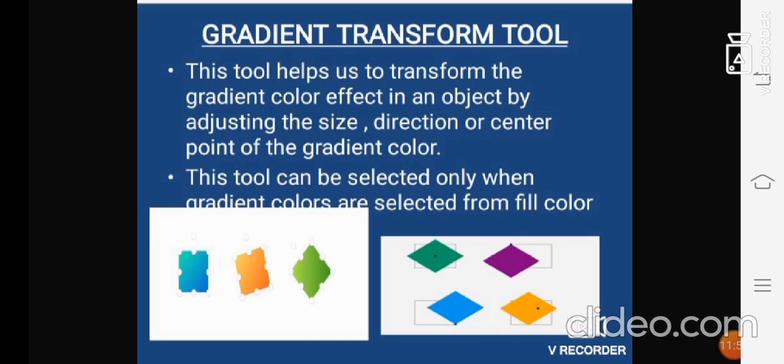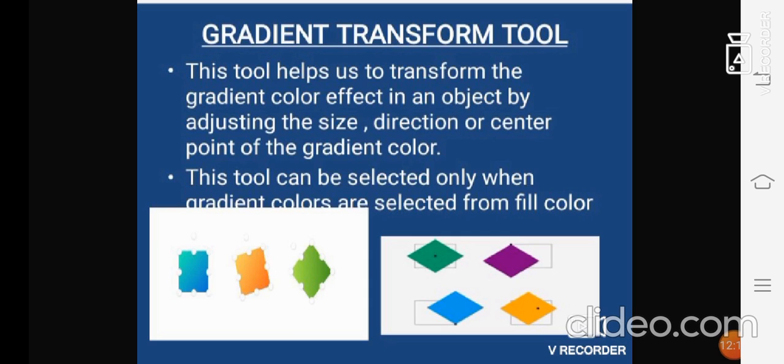I'll repeat the last part. When this tool is selected and you click on the object, a bounding box appears with handles and a center point. When we click on the center point, we can change the effect of the gradient color, and by clicking on the handles, we can rotate them however we want.